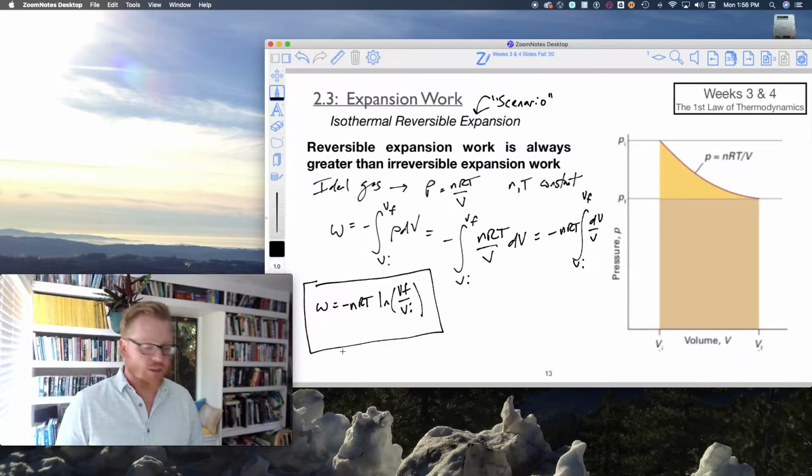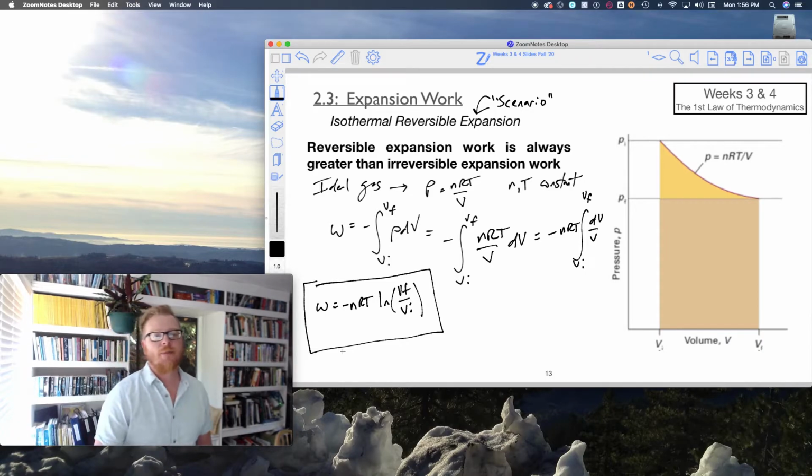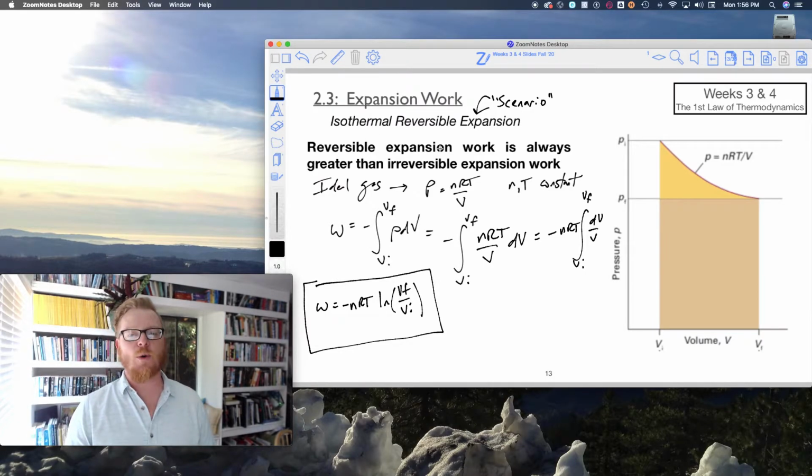So how is it that reversible expansion is always greater than irreversible expansion? Well, let's go back to this picture I drew, that simplified picture, VF over VI, where we realize it can go expansion or compression. It doesn't matter. So this area right here represents our irreversible work.